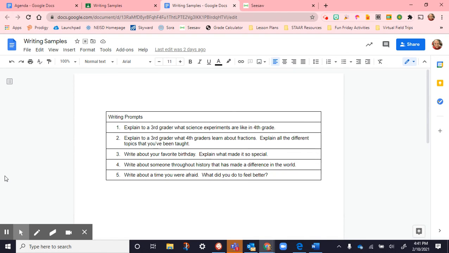And so each day, like today, for example, I was really looking at, okay, we're writing about a favorite birthday. So this is something that has already happened. Can you take the reader to an event that's already happened in the past? Are those verbs and everything that you're using showing that this event has already happened?